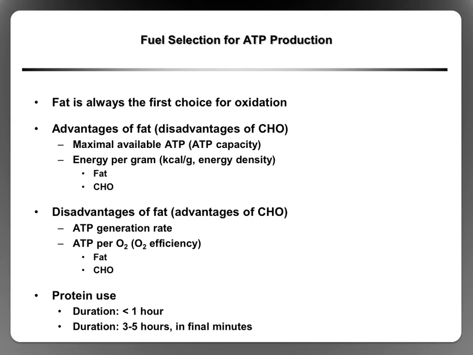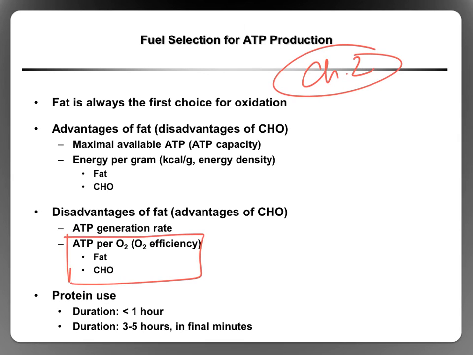Okay, just to remind, this comes from chapter 2. We were talking about oxygen efficiency, and the oxygen efficiency for fat is 106 ATP. We use 23 oxygens, so the oxygen efficiency is 4.6 ATP per oxygen molecule.